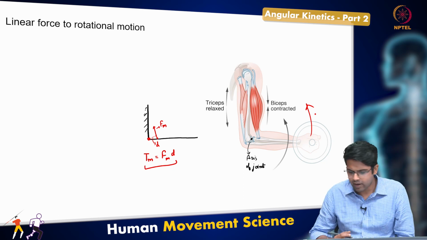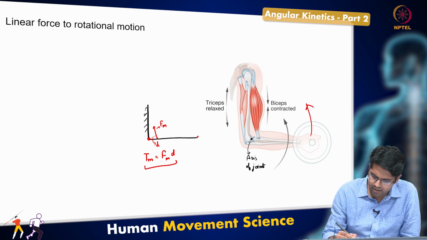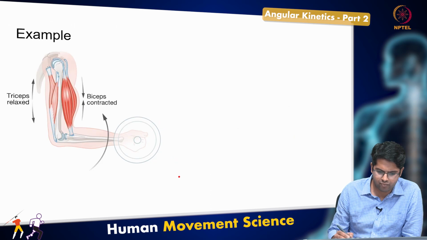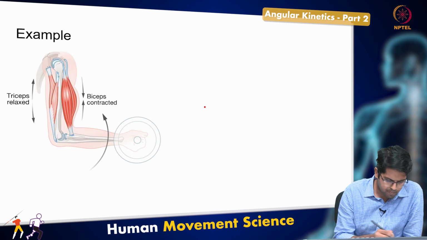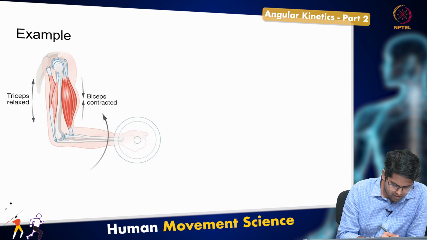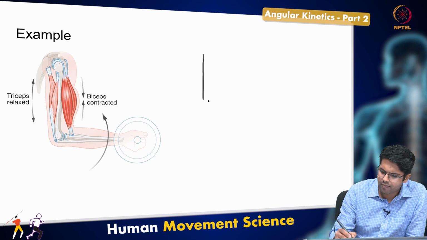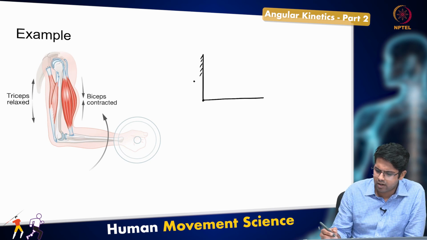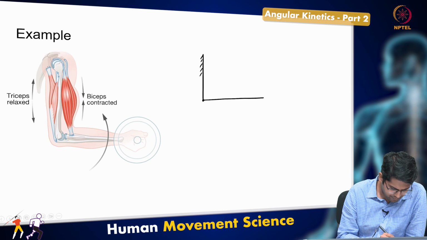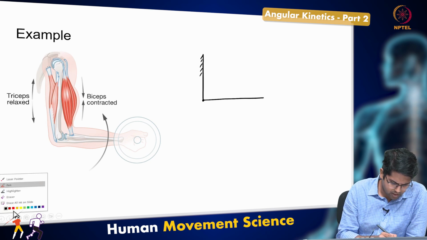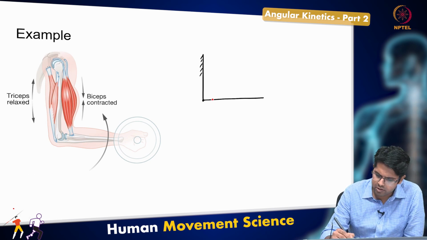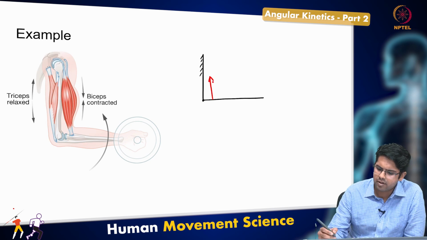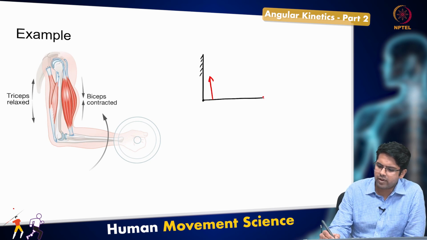If I was to extend this, here is a small exercise for you to try out. Let's say this person is strong. This person is lifting up a weight, the weight of this dumbbell.